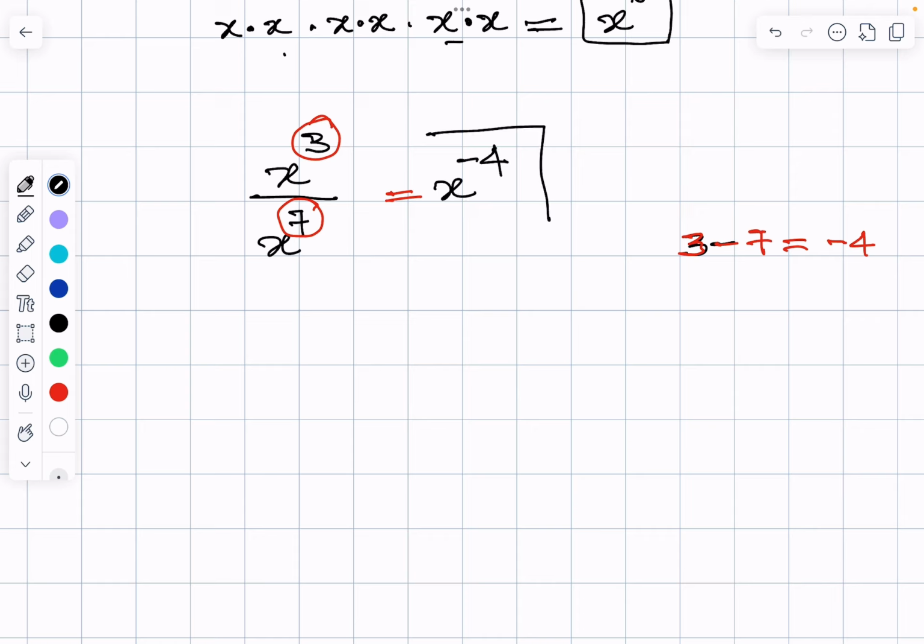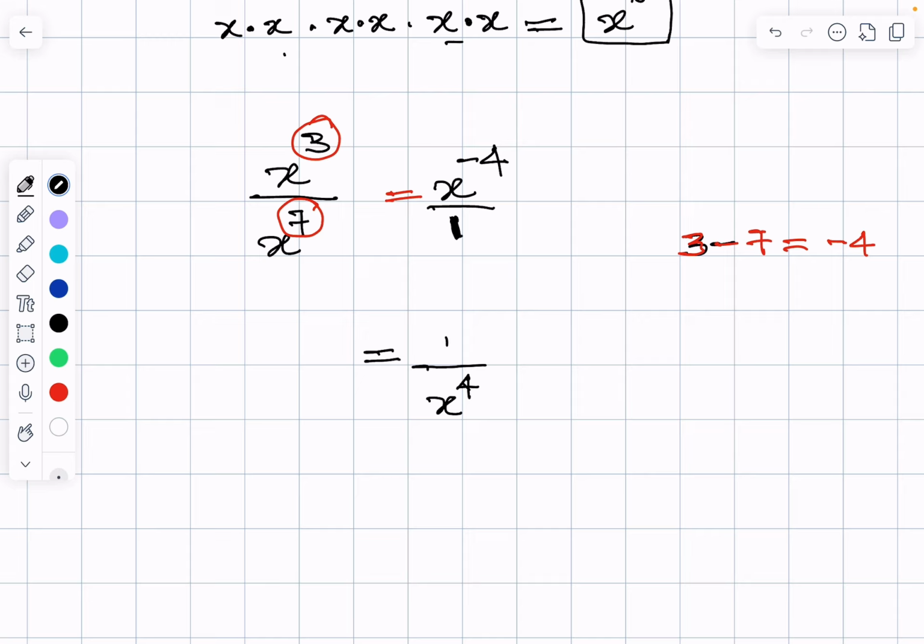But in algebra, we usually write the answer with positive exponents only. So, when an exponent is negative, it means we move it into the denominator and the exponent becomes positive, like this. Okay, x to the negative 4th power is equal to, because over here we cannot see it, but there is an invisible 1.